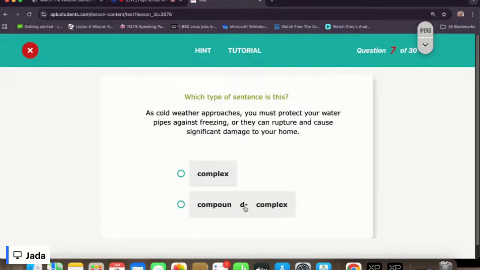So is it complex or compound-complex? All right, so we have compound-complex.